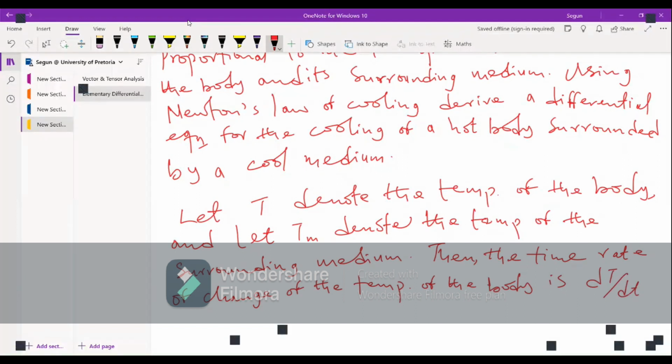So the capital T in this case is the temperature, while the small t is the time change.